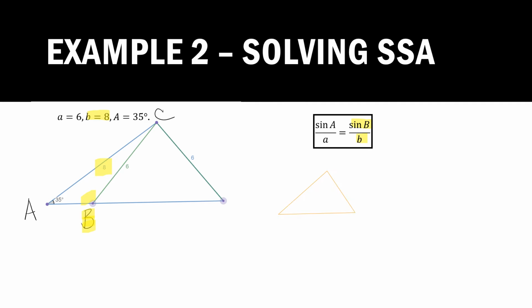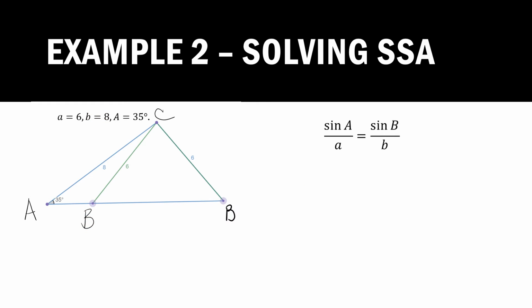So we have these two triangles. We will start with sine of A and sine of B. So we set up that proportion.